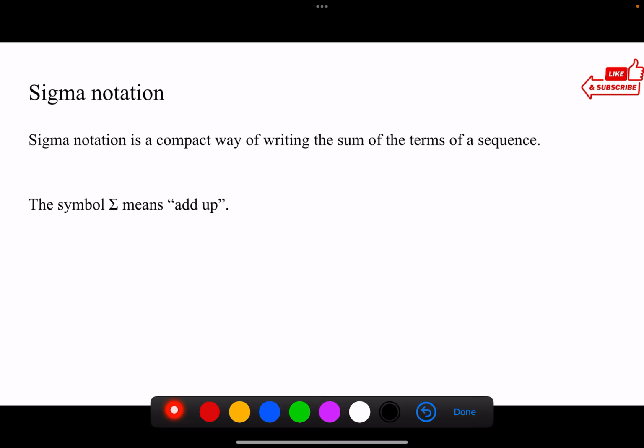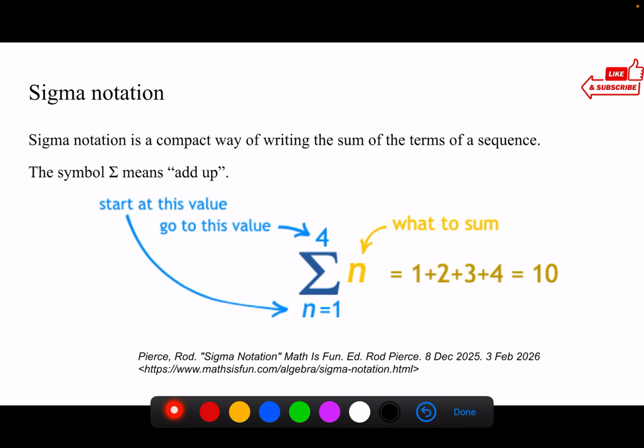Okay, now we move on to sigma notation. So sigma notation is essentially a compact way of writing the sum of the terms of a sequence. And the symbol sigma basically means to add up. So it means to sum. So here we have sigma notation more specified.